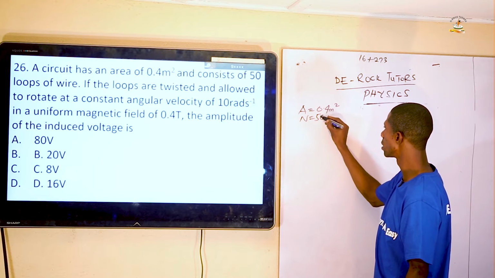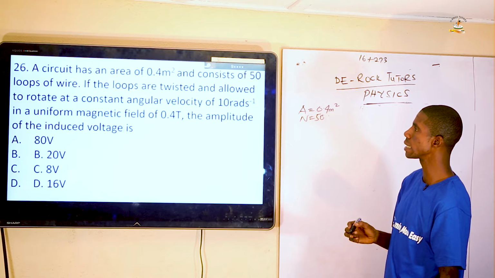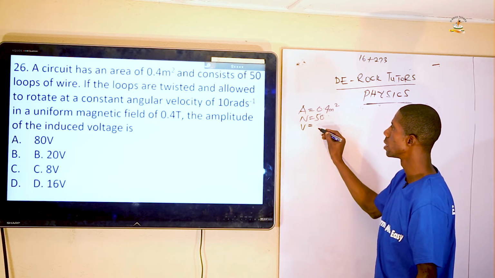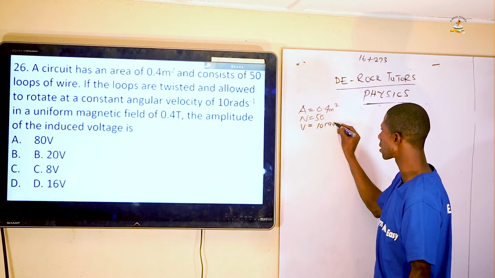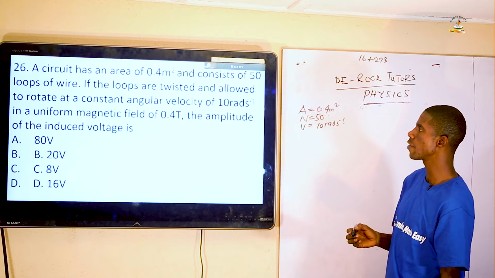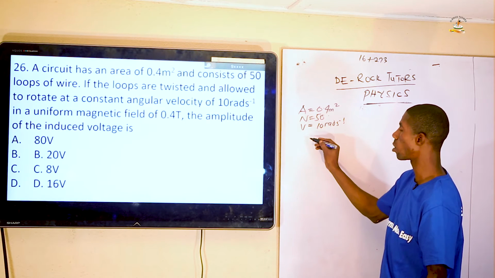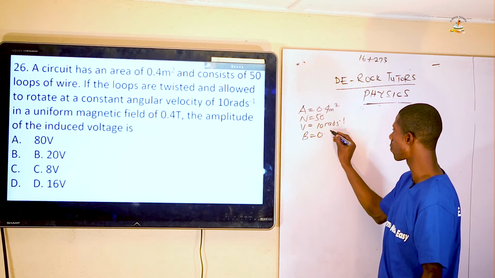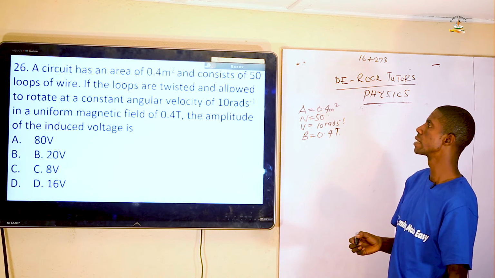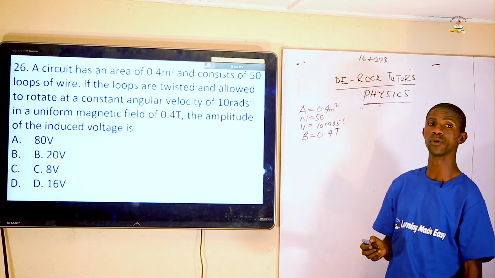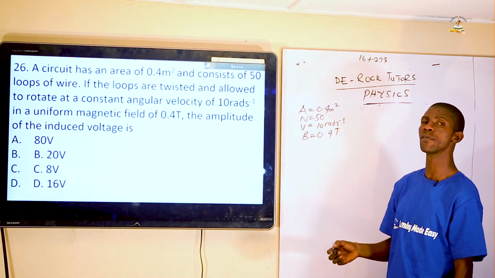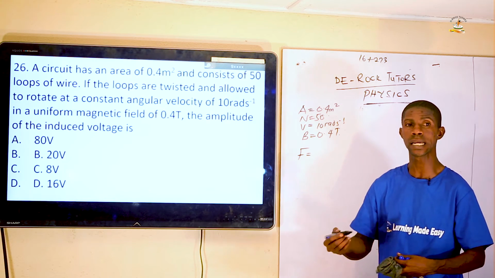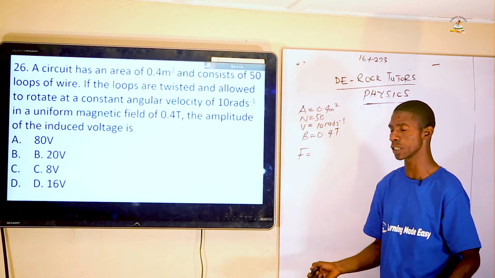So if the loops are twisted and allowed to rotate at constant angular velocity of 10 radian per second, then we have the magnetic field, or we call it magnetic flux density, B, as 0.4 Tesla. Then the question says: find the amplitude of the induced voltage, or the induced e.m.f., electromotive force.